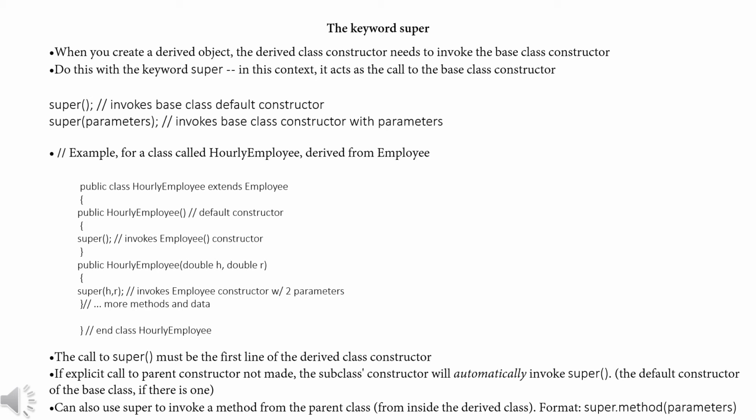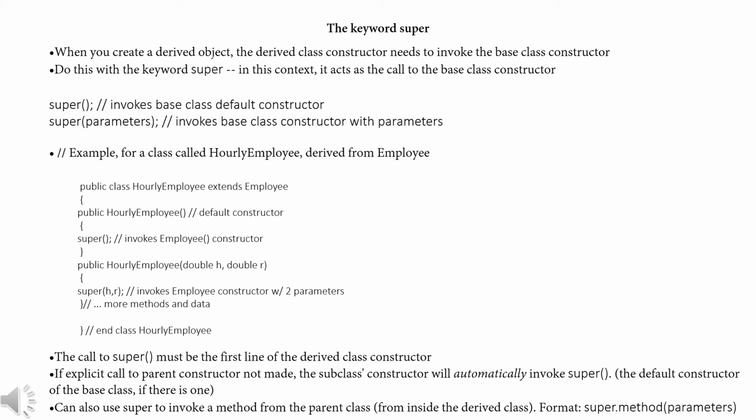Another important point is that you also can use super in order to invoke a method from the parent class. And in order to use that, you can follow this format, super dot the name of that method and parameters.